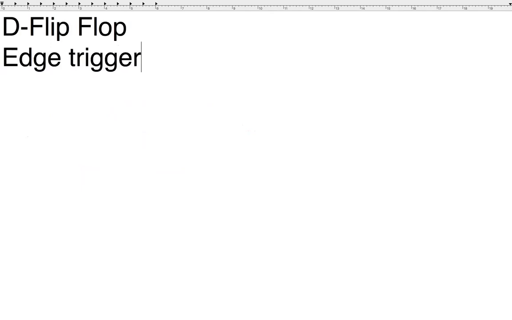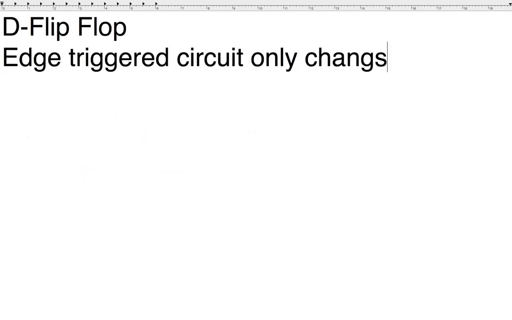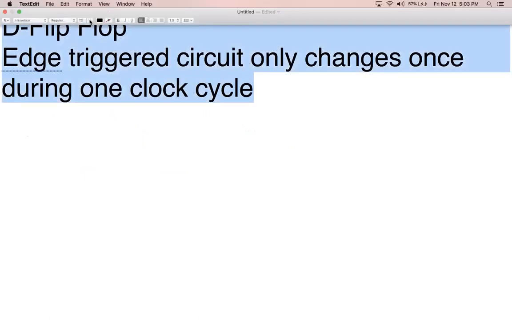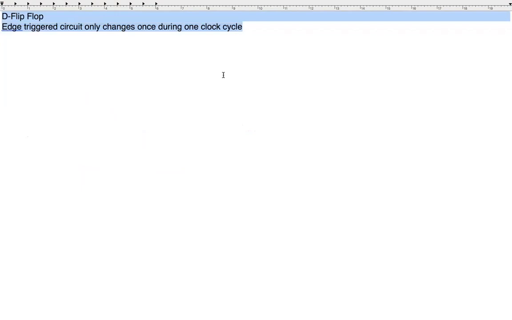Okay, so a D flip-flop is an edge triggered circuit that only changes once during one clock cycle. For a D flip-flop, it looks like this.